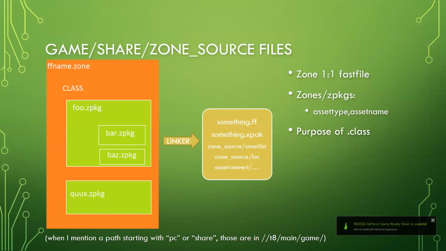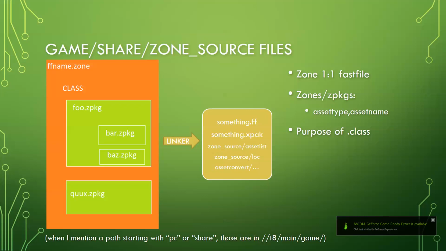Some of that has to do with what kind of files should be output by this. But basically it just lets us define behaviors for groups of fast files. And it also lets us define those filters in Rex. You'll see core, CP, MP, ZM. That's determined by the class file.